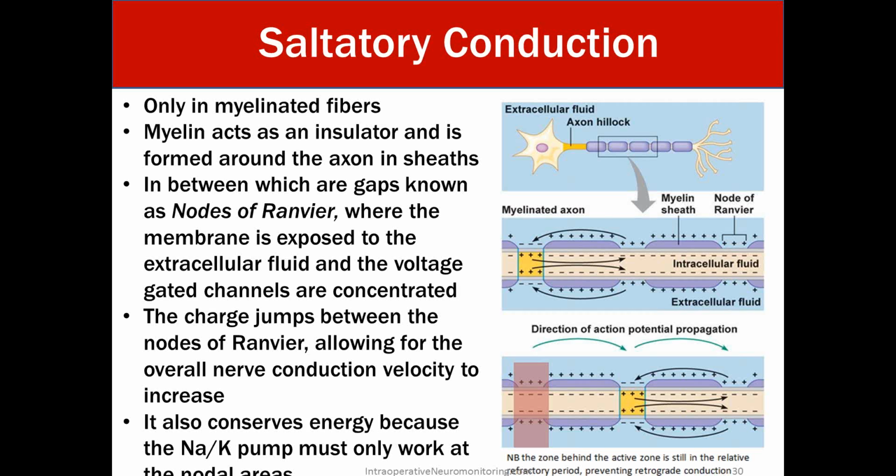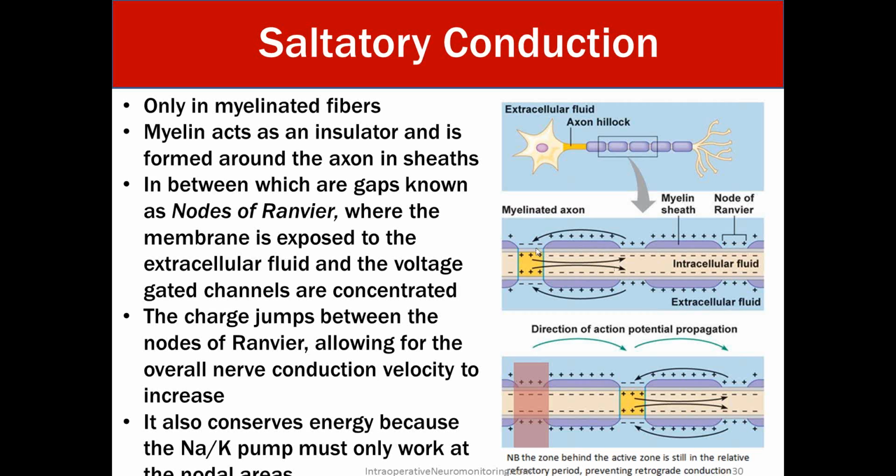The charge jumps between each node, allowing the overall nerve conduction velocity to increase. It also conserves energy because the sodium-potassium pump must only work at the nodal area. So this is an efficiency creation, by however you think it was created, but that's what it ends up being.